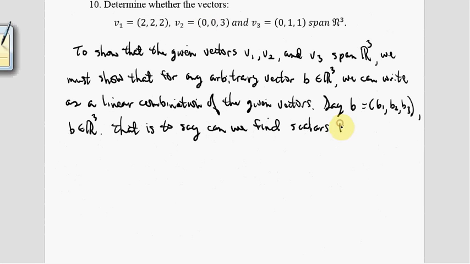Can we find scalars K1, K2, and K3 such that the linear combination of those vectors equals B? That is to say, can we find scalars K1, K2, K3 such that K1 times V1 plus K2 times V2 plus K3 times V3 is equal to B?